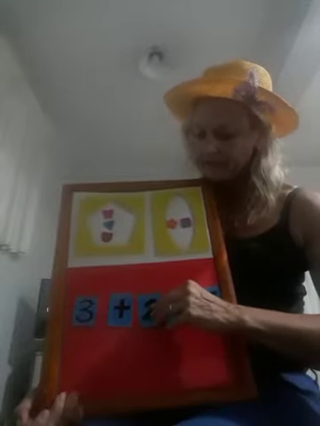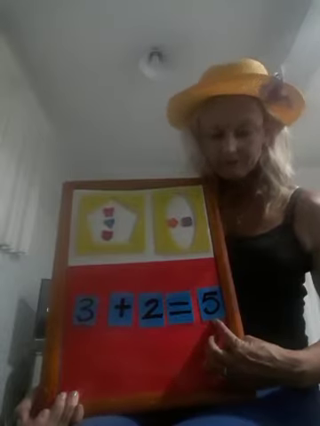So 3 buttons and 2 more buttons is going to equal all together 1, 2, 3, 4, 5 buttons. That means my number sentence is going to say 3 plus 2 more equals 5. 3 plus 2 equals 5.